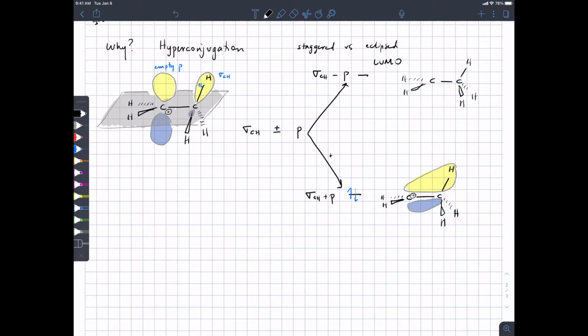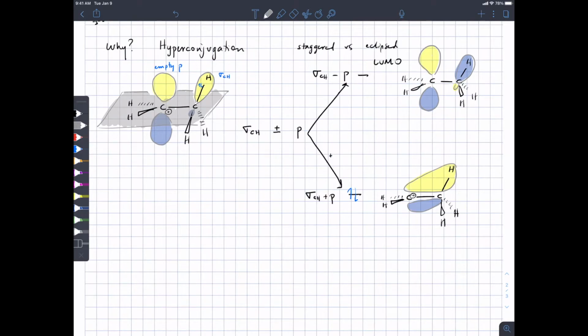Well, the LUMO is still mostly the p orbital, but then some of it's out on that adjacent carbon. There's a node in between the 2 nuclei to reflect the fact that this is the minus combination.